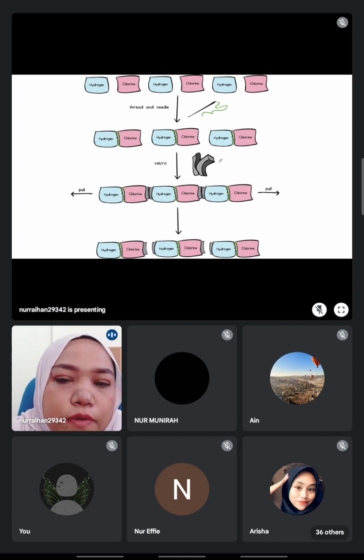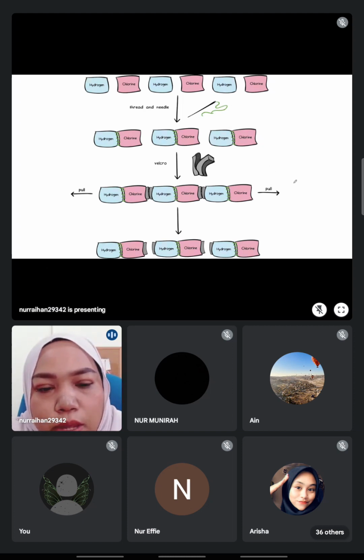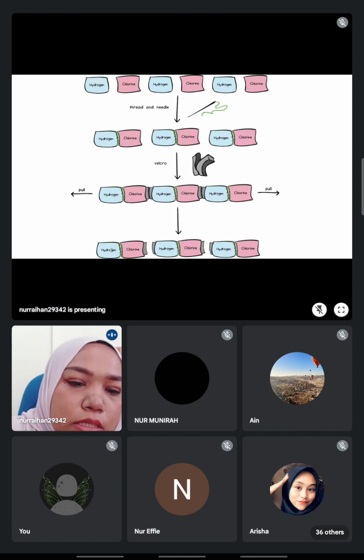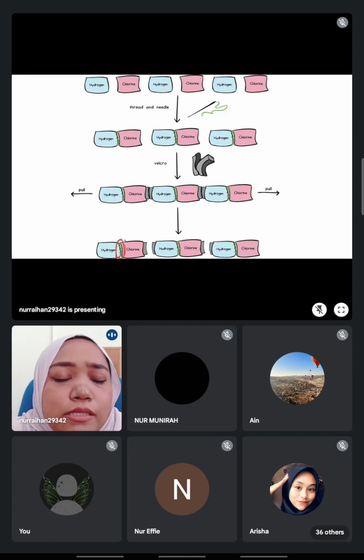So when you remove the forces, you pull these elements, what happens is this hydrogen and chlorine will still attach together, but this hydrogen and this chlorine will be separated. So this is the illustration of what happens between intramolecular forces and intermolecular forces. The green area is considered as the intramolecular forces, the primary forces.